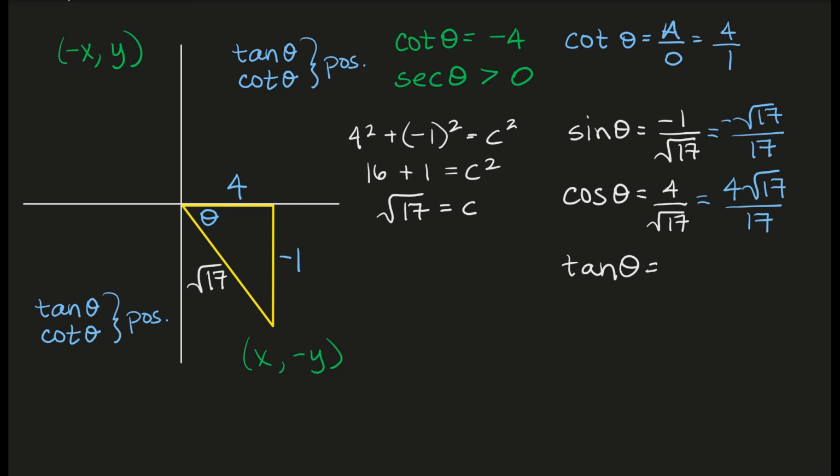So if cotangent is here negative 4, I can just flip that. Or you could just look and say it's the opposite leg over the adjacent leg. So this would be negative 1 over 4. Let's make that the same color as all of our other solutions. I'm sorry, I'm just that way. Things got to be neat.